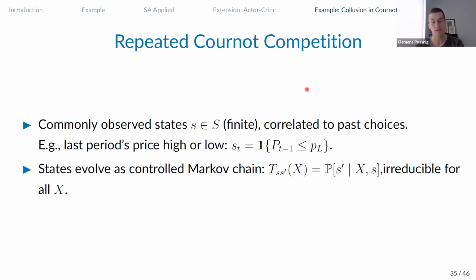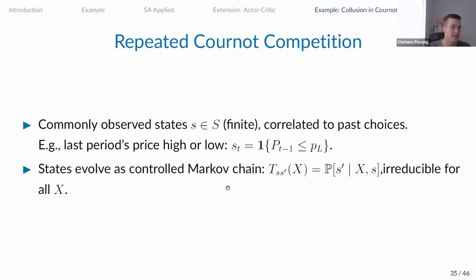And that way you can do inference about your opponent's actions and punish them if you think it's likely that they made a deviation from the equilibrium action that you were supposed to play, for example. As an example here, prices are correlated to actions. So one simple state variable would just be asking, was last period's price low or high?